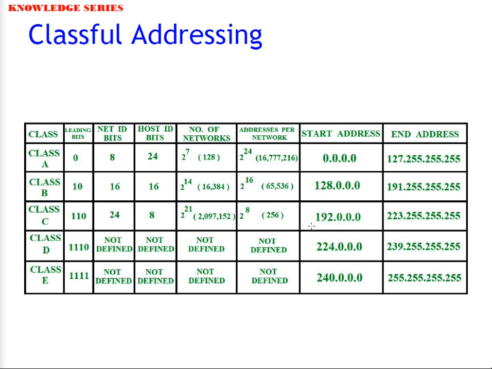Then 192 plus 32, you get this one. Then 224 plus 16, you get this one. See, from here to here: 128, 64, 32, 16. Very simple. This one you remember.